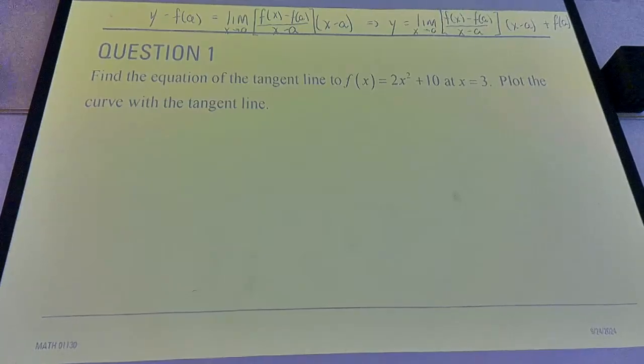So if we want this tangent line, the first thing we have to do is find the slope. What's the point?